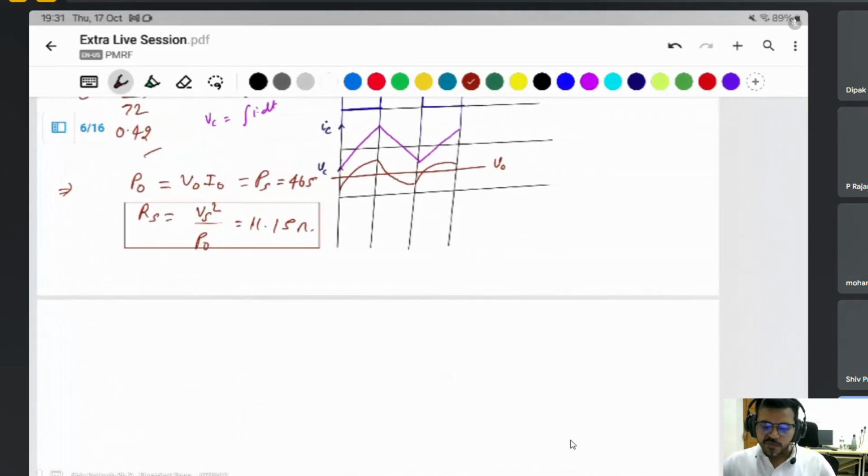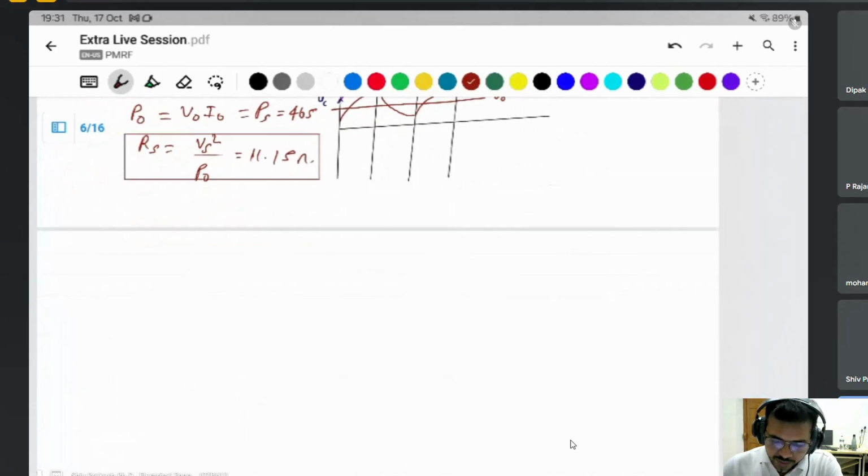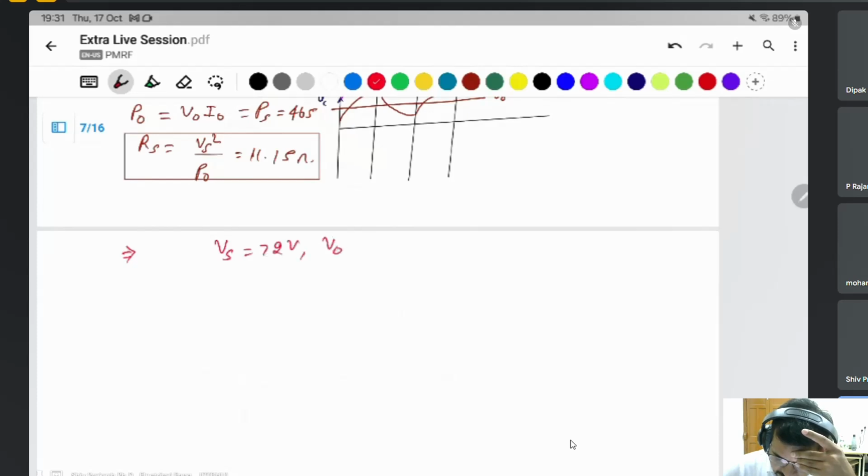We will find the value of RS, with input voltage 72 volt and output voltage 30 volt, which is 11.15.